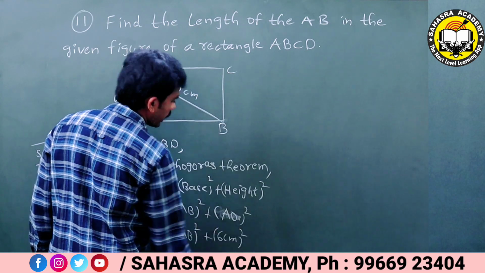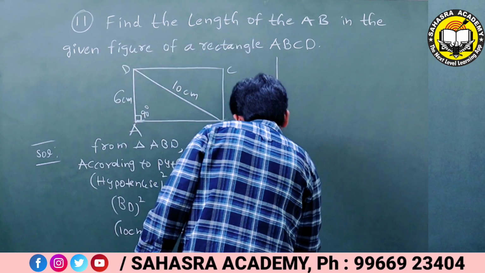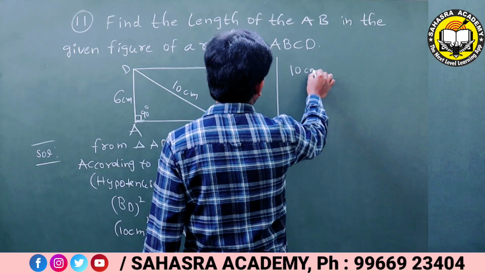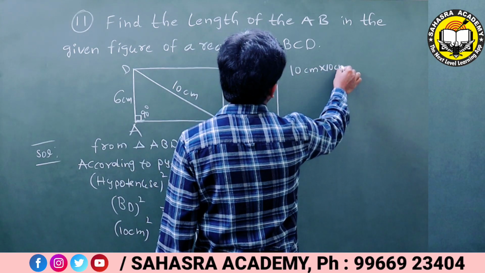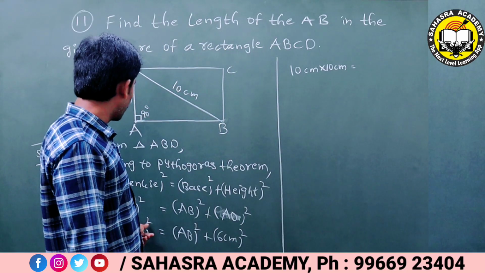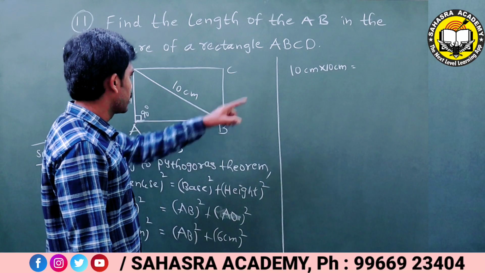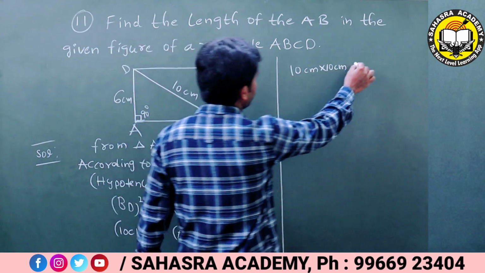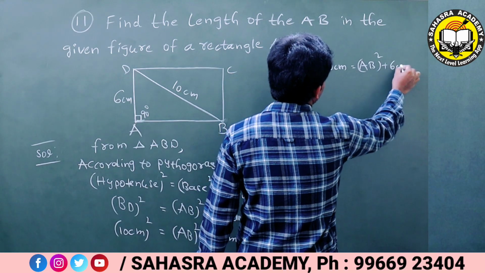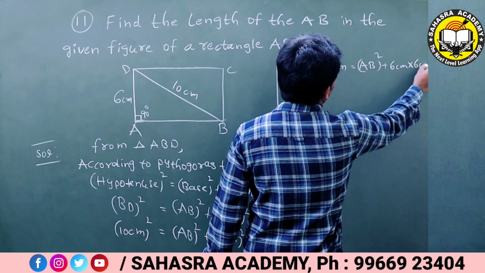square. Okay, now 10 centimeter whole square means 10 centimeter into 10 centimeter. So 10 centimeter square means we need to multiply 10 centimeter 2 times, equal to AB square. 6 centimeter whole square means 6 centimeter into 6 centimeter.